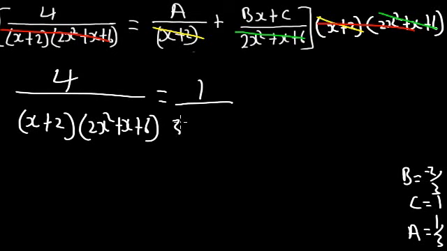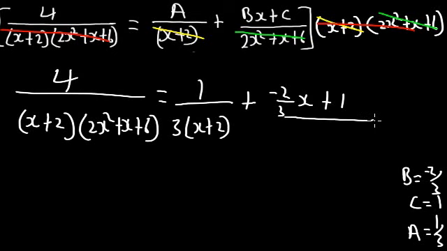So I will bring the 3 all the way down. x plus 2. By now you should know what that means in essence. Plus the value of b is negative 2/3 multiplied by x plus the value of c, that's 1, all divided by 2x squared plus x plus 6.